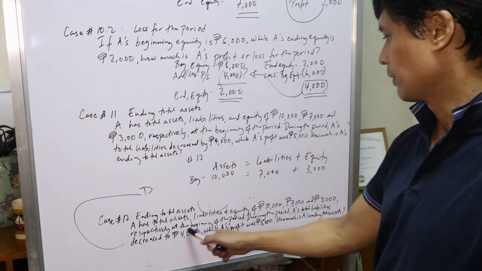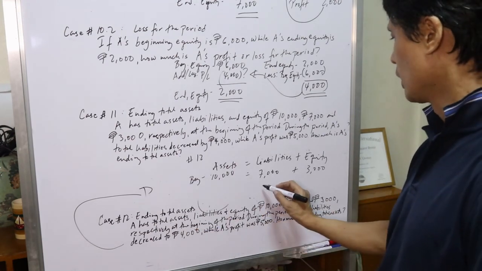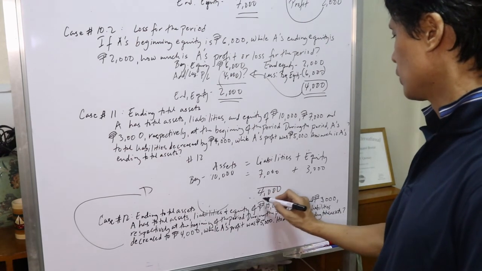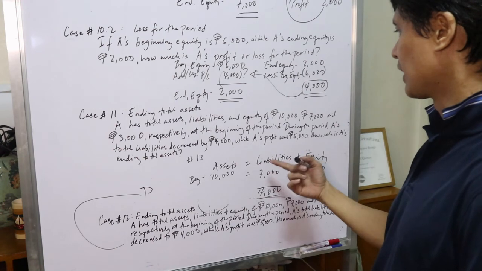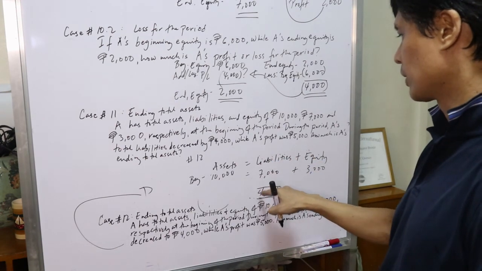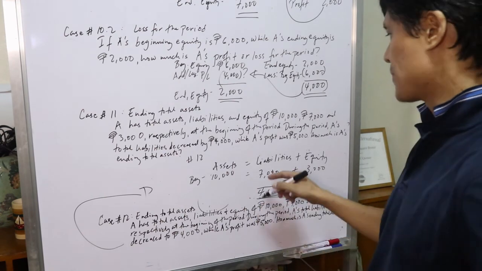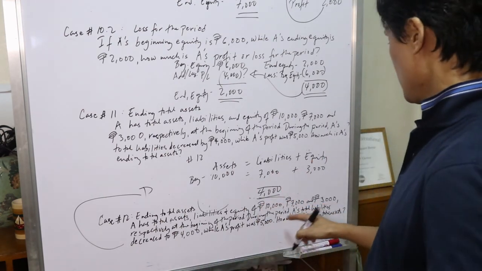Okay, so respectively at the beginning of the period. During the period, A's total liabilities decreased to. So pagka sinabing decrease to, ito na yung liabilities niya. Okay, kasi kanina decreased by 4,000, so dito siya. Dito, yung changes lang niya. Pero pagka decrease to, ito na yung ending balance ng liabilities.